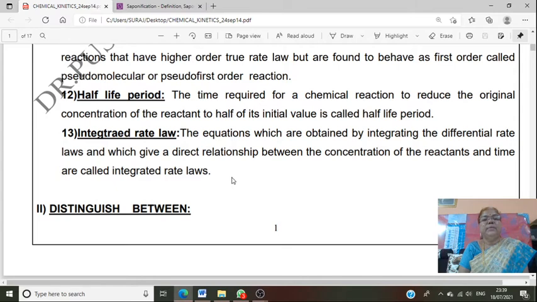Those equations are called integrated rate laws, and you have learned the integrated rate laws for the first order reaction and second order reaction with equal initial concentrations and with unequal or different initial concentrations.